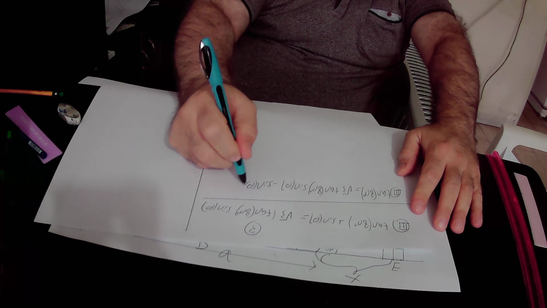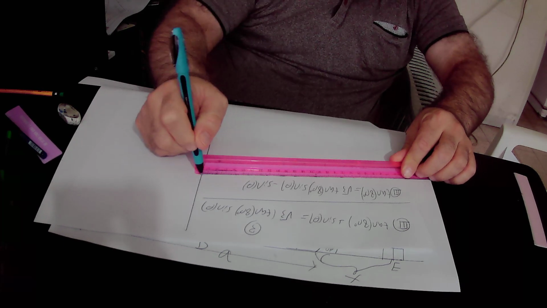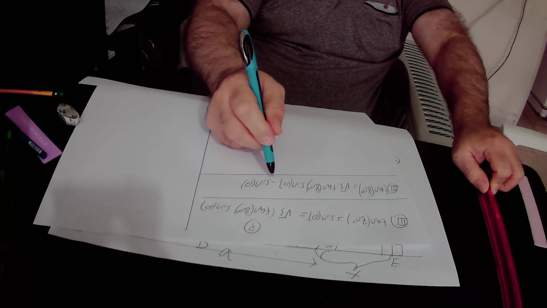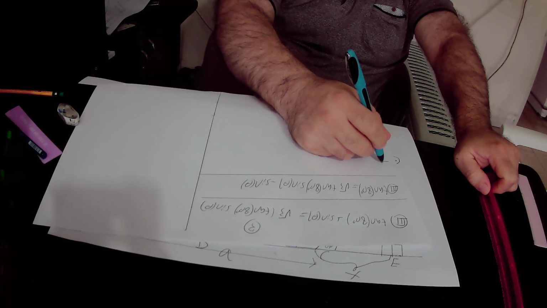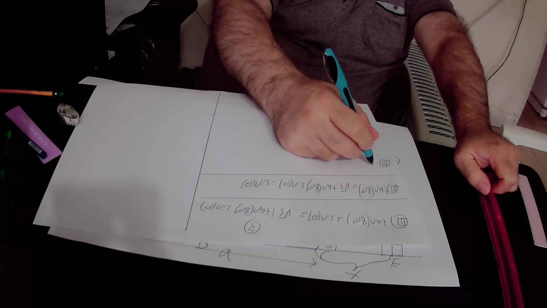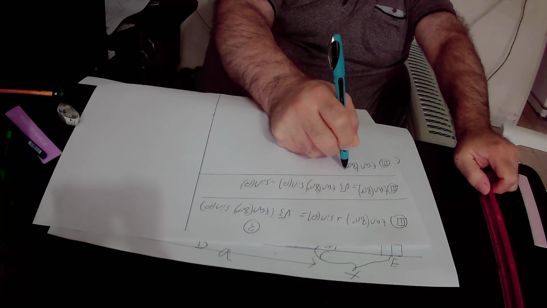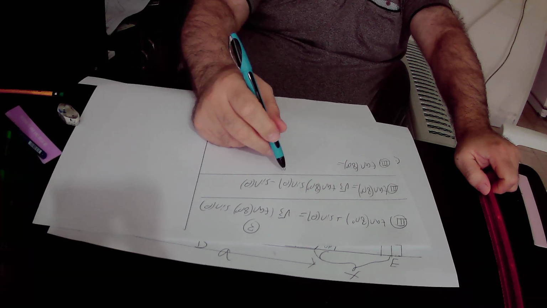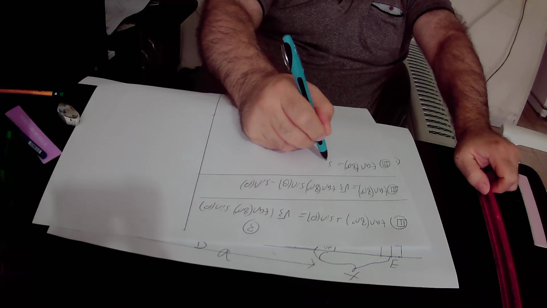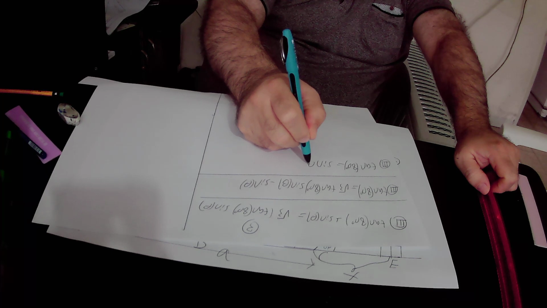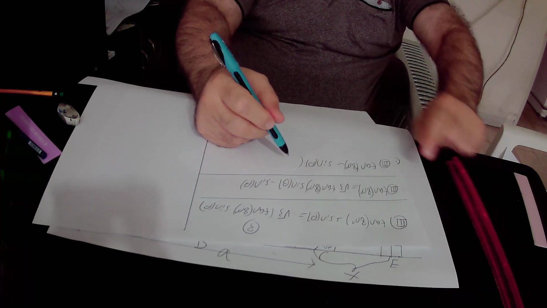In the next step, we will take out a common factor of sinus theta from this side of equation number 3, and we will get that tangent 80 degrees equals sinus theta times, inside the brackets, what is left from this expression?